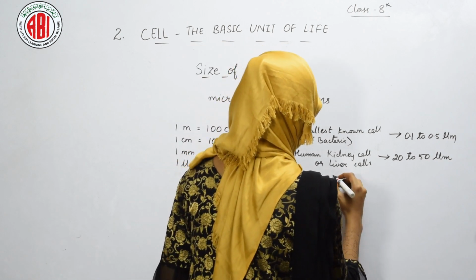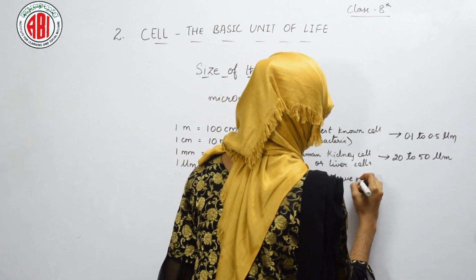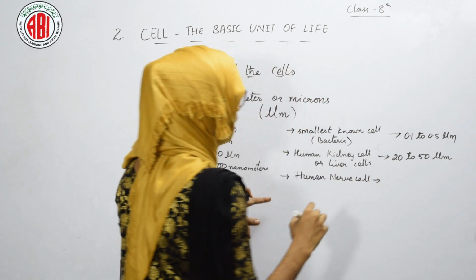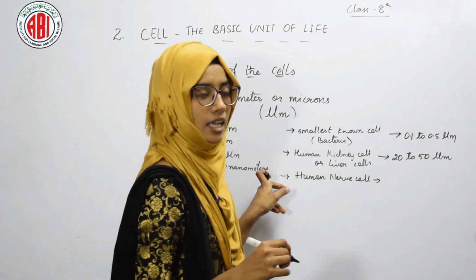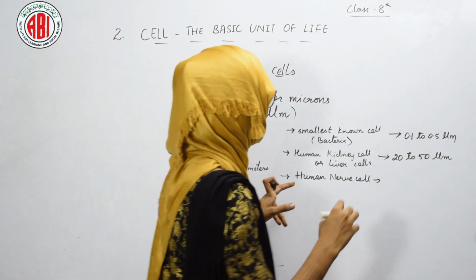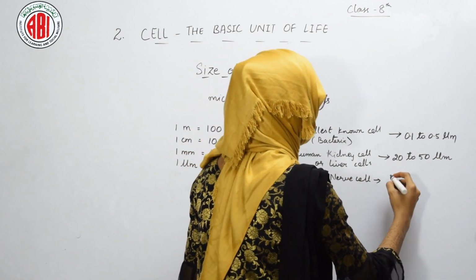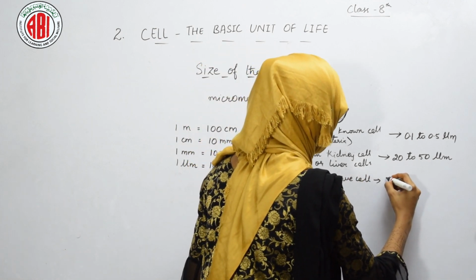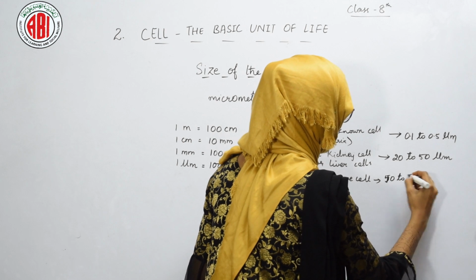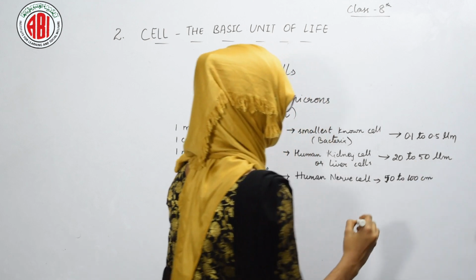But when we measure the human nerve cells, as I said before, it is the lengthy cell which is present in the human body, and its size is 50 to 100 centimeters.